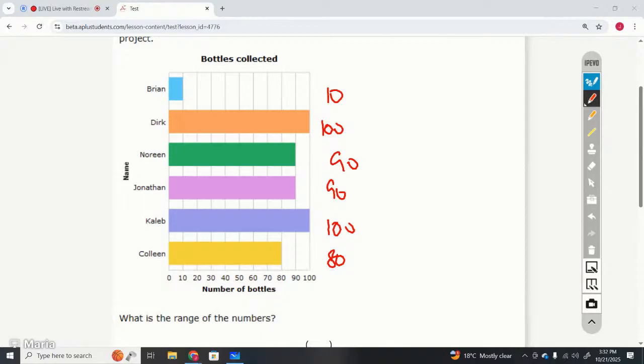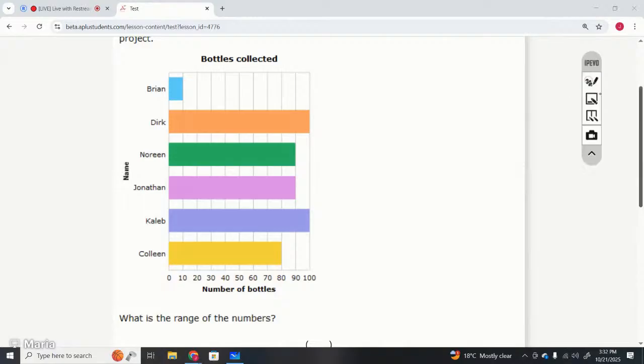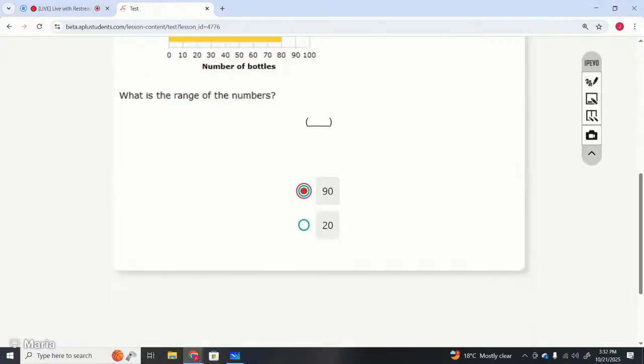So the greatest is 100, the least is 10. So 100 minus 10 is 90. That is 90. Option number 1 is the correct option.